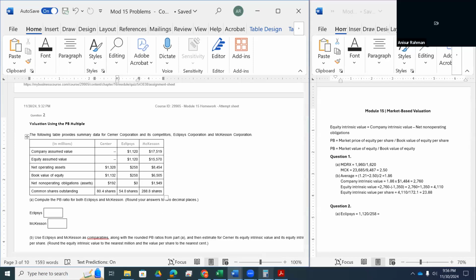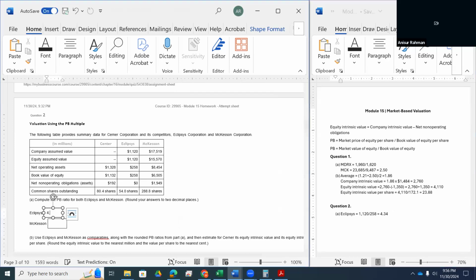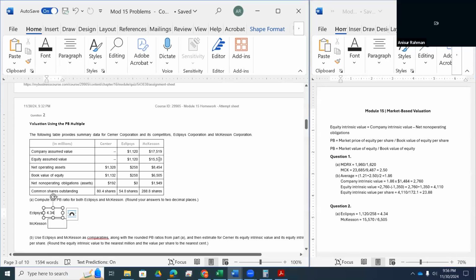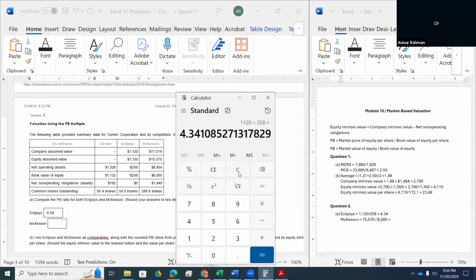So to 2 decimal places, 4.34. Similarly, for McKesson, equity assumed value and book value of equity. 2.39.